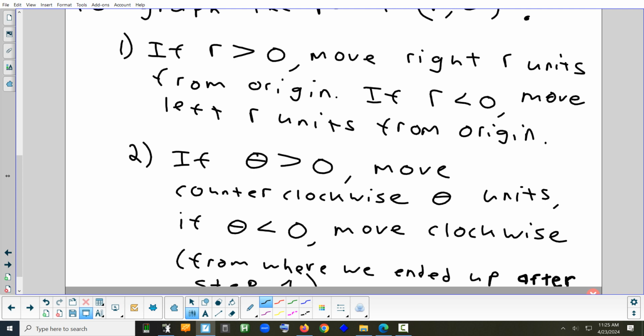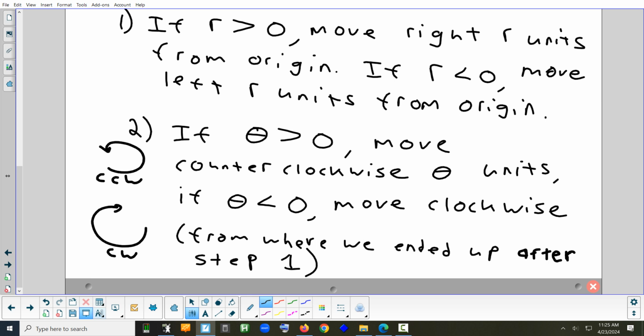Counterclockwise is this way. Clockwise is this way. So positive angles counterclockwise, negative angles clockwise.